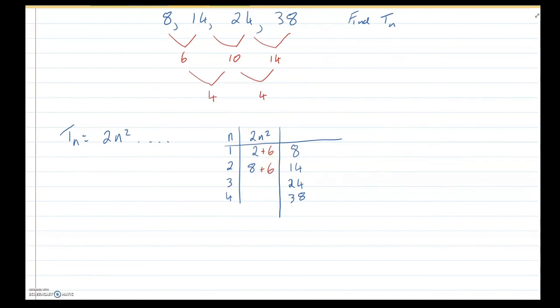You can see already that once you have a pattern of even 2 of them, it's going to continue the whole way along. We'll just do n equal to 3 for completion. 3 squared is 9, 9 multiplied by 2 is 18. And what do I have to add to 18 to get to 24? Correct, 6. So now we know that Tn is 2n squared plus 6. And that's it.